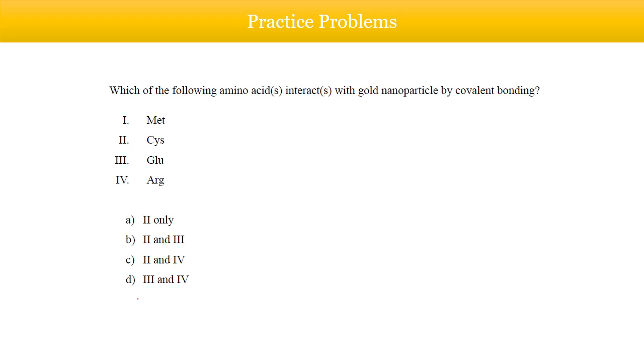So cysteine can form a bond with your gold nanoparticle, because it has a sulfur group, so it can interact. But others cannot interact. So 2 is the right option.